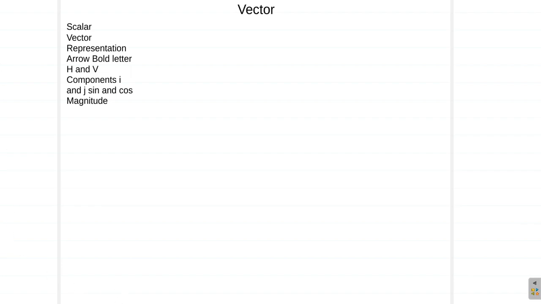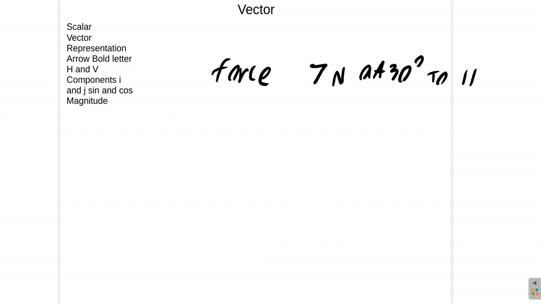If you say you have a vector, a force, and that force is 7 newtons at 30 degrees to the horizontal, how do you represent it?